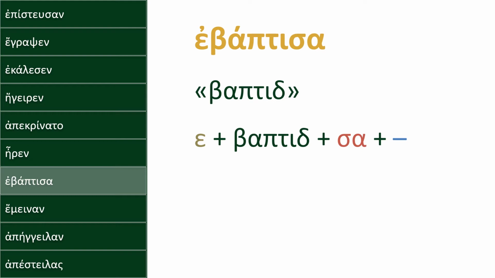We have the augment epsilon, the aorist tense stem baptid, and the aorist tense formative sa. There's no personal ending for the active first singular. If we put these pieces together, making allowance for the fact that the dental delta drops out, remember the square of stops, when the tense formative sigma alpha is added, it yields ebaptisa.